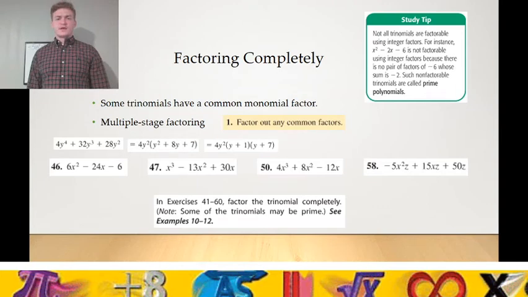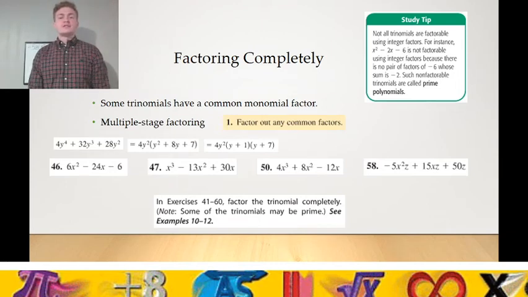Looking at number 58, negative 5x squared z plus 15xz plus 50z. Give yourself a moment to pause the video and take a look at that, noting that each of the coefficients there ends in a 5 or 0, meaning that it is divisible by 5. You can count 5, 10, 15, 20, 25, 30, 35, 40, 45, 50. So we can factor out a 5.